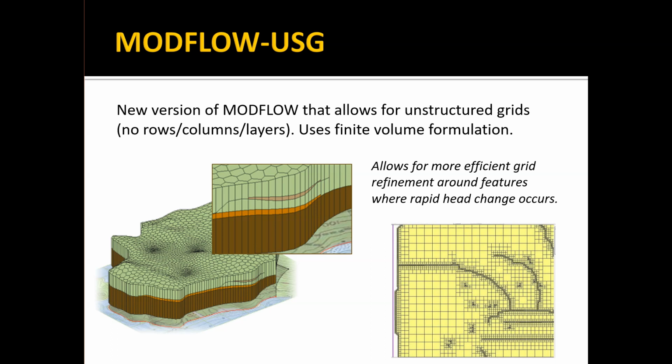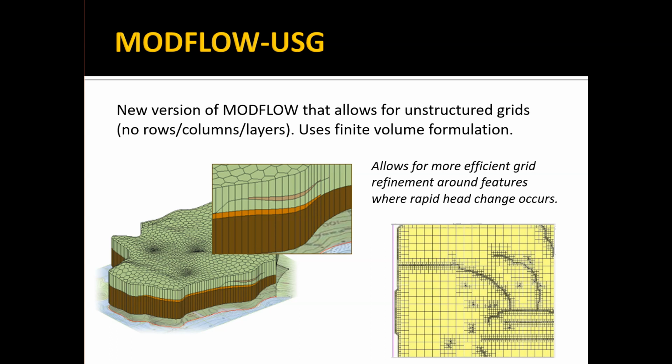Each cell can have any number of sides to it, and all you need to define is for each cell what are its adjacent cells. You can even, as shown in the lower right there, have two cells adjacent to one side of the next cell, and so you can really do some elaborate things.